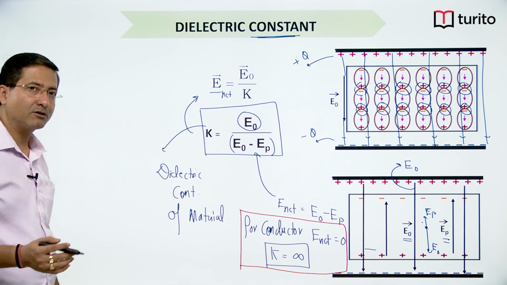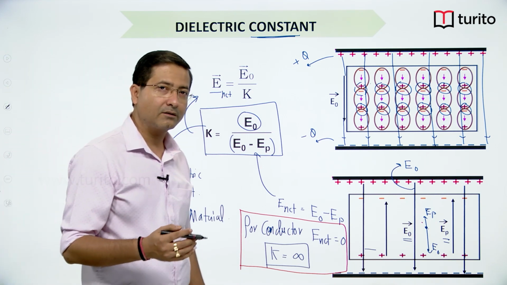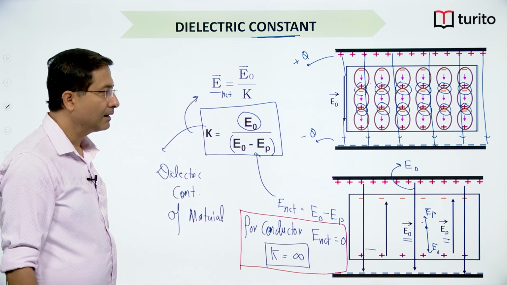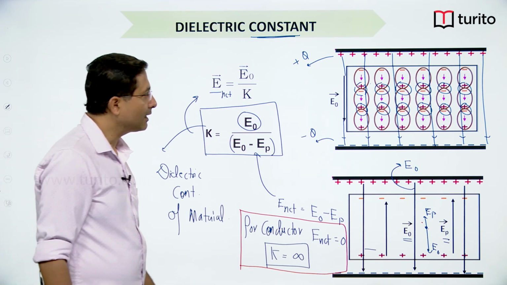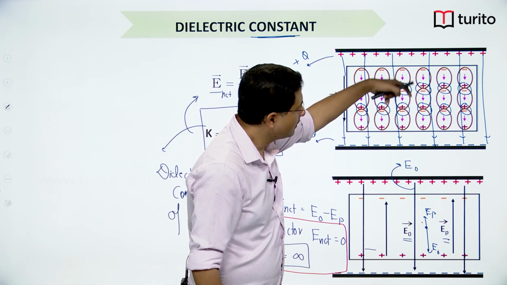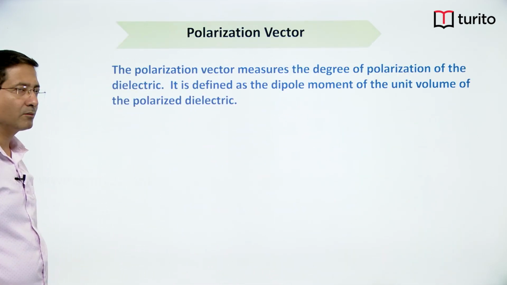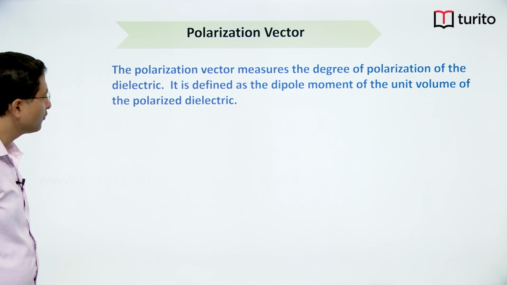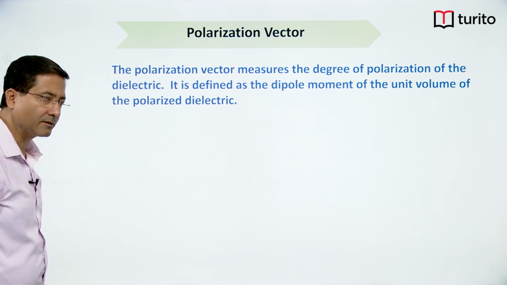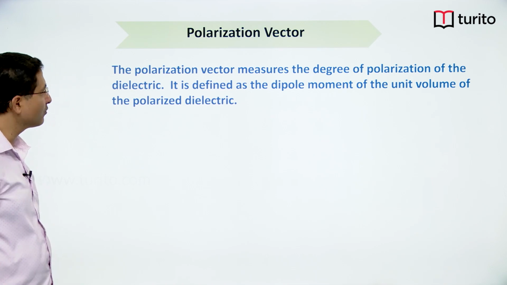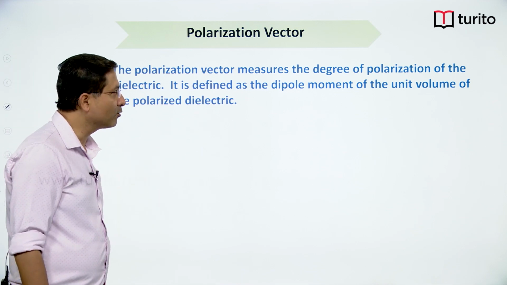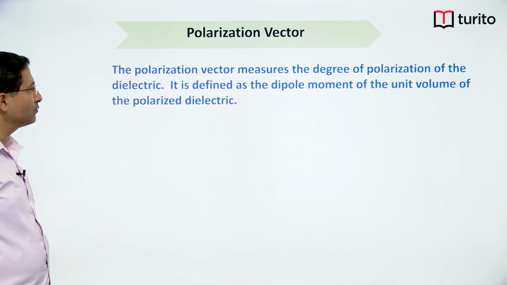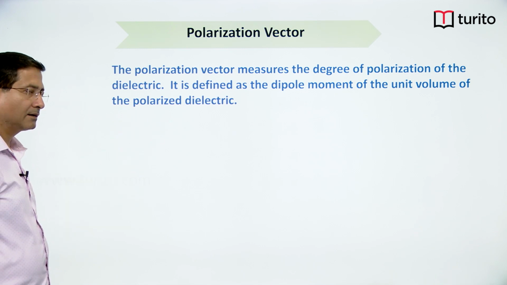So, there are two types of dielectric, one is polar, another non-polar, and then we have defined the dielectric constant. Now, as you can see, dipoles are trying to align themselves in this direction. So, we define one more quantity, called the polarization vector. The polarization vector is the measure of the degree of polarization, right, how much the material gets polarized when it is subjected to an external field. It is defined as the dipole moment per unit volume of the polarized dielectric.